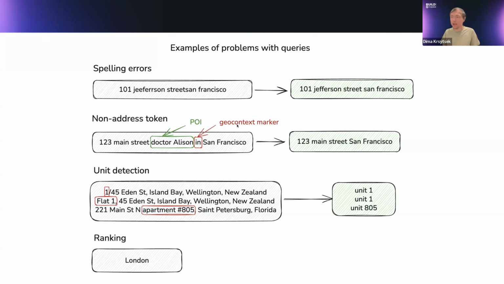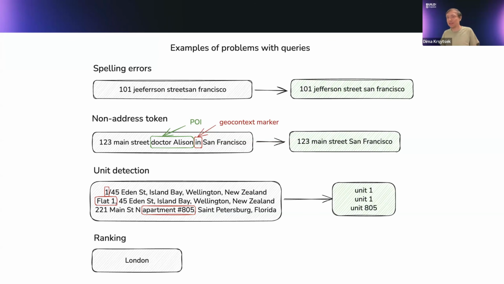But when we do the actual search, this "in" can be a real problem for the search engine. The search engine will try to consider "in" as some abbreviation, or will try to match it with Indiana, and it will create a lot of problems for the engine to find the correct address.